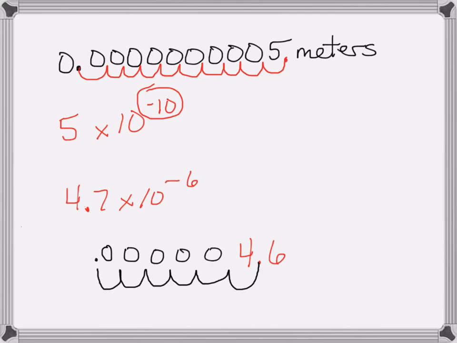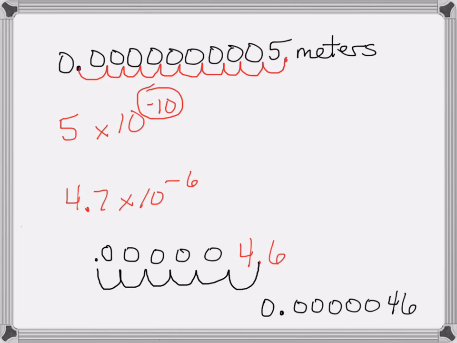Okay, so that would be the actual number written out as opposed to scientific notation. I don't like all those little lines down there, so I'll just rewrite this number as 0 point, then there's 5 zeros, 1, 2, 3, 4, 5, and then 4.7 would be the number.